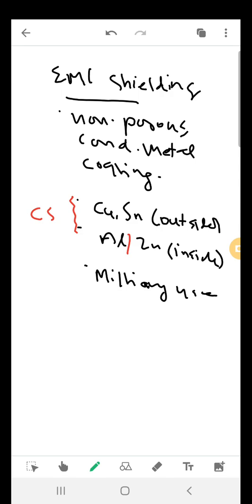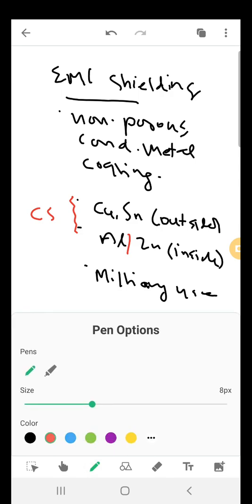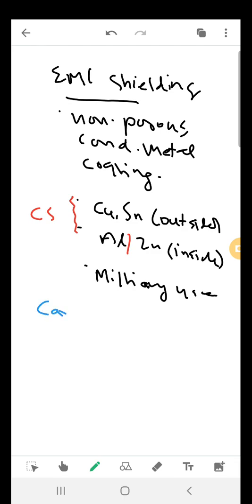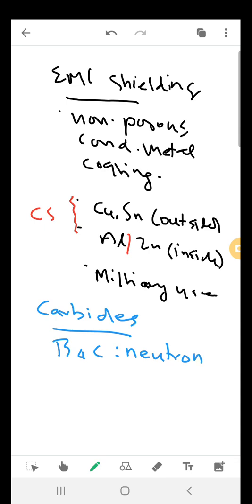Now there are other materials which are deposited with the help of cold spray or other thermal spray techniques, like carbides. You can have B4C carbide, which is used for neutron absorption. You can have Cr3C2, which is a cermet, a metal composite.